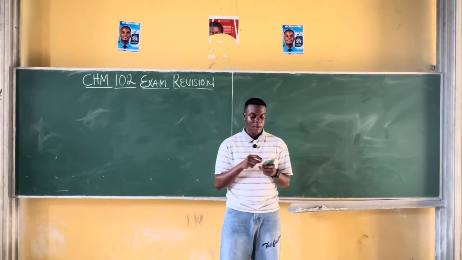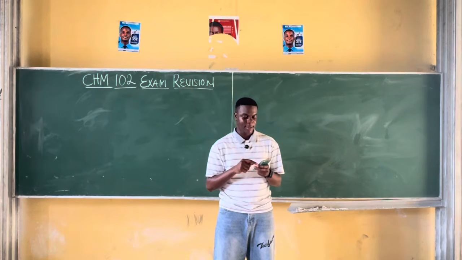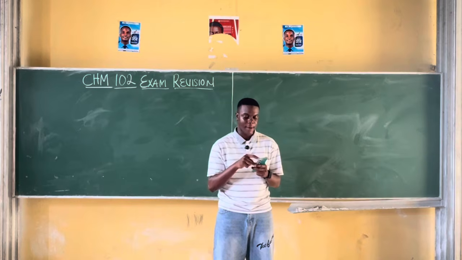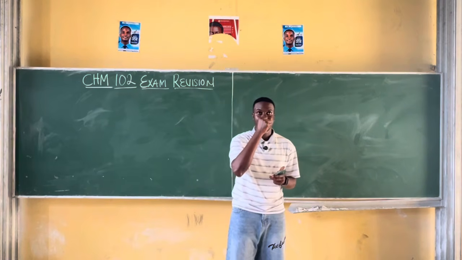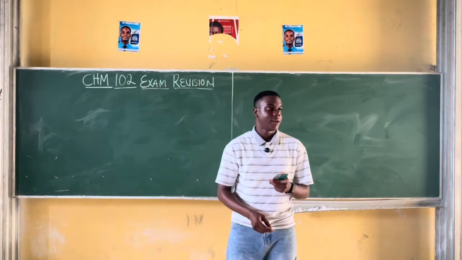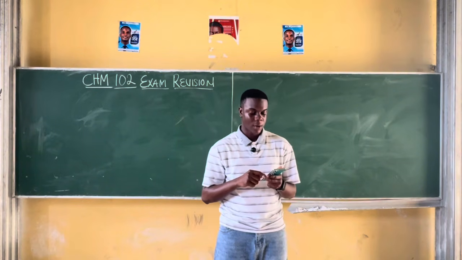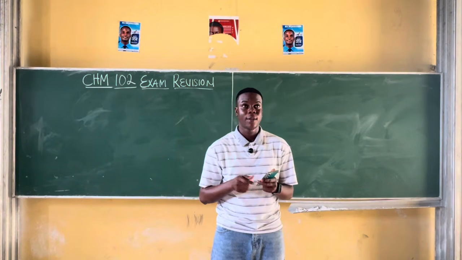Please, I need utmost silence so that I'm able to teach you and teach you well. We're going to start from question number 1. Don't worry, I'll read it out.